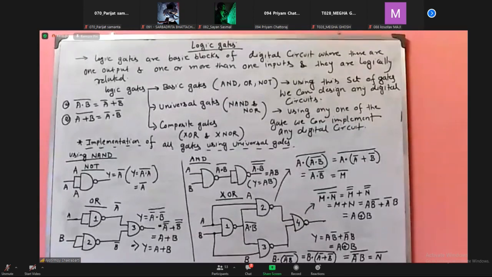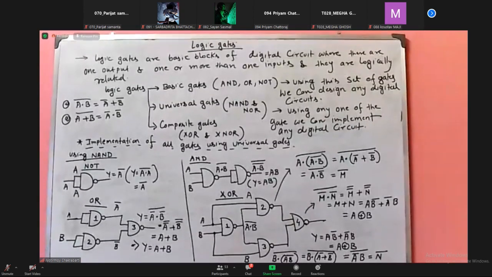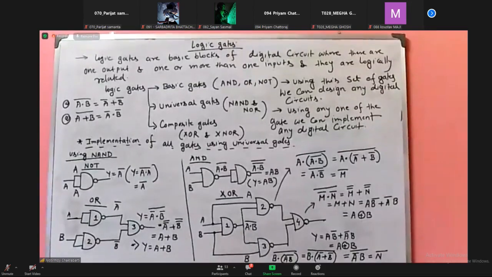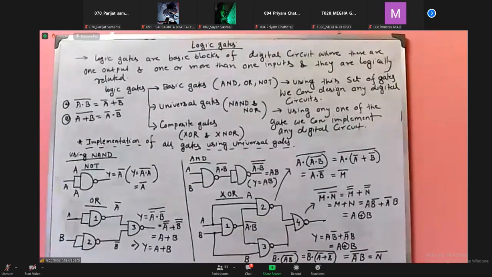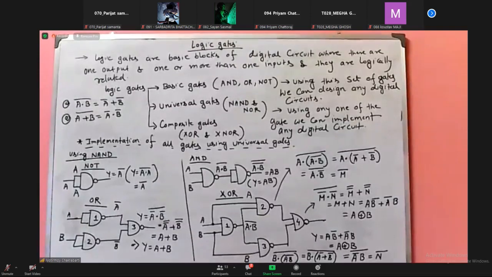Boolean variable means either A can take a value 0 or A can take a value 1.